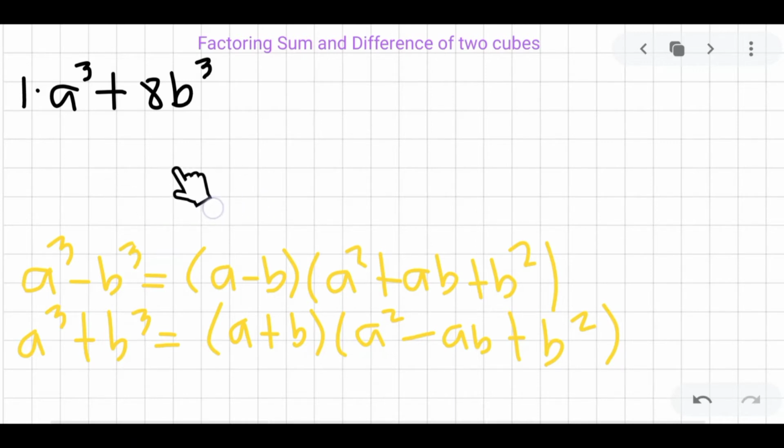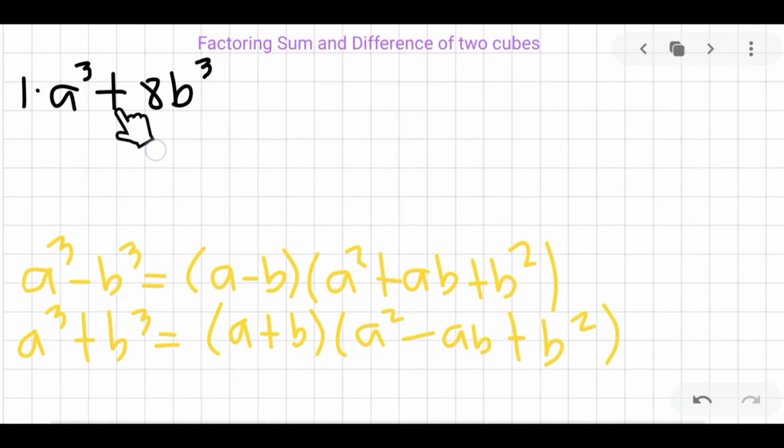First, all exponents of the variables must be divisible by 3. Yes, check. Contains two terms. Yes, check. Next is all terms must be perfect cubes, and 8 is a perfect cube. So therefore, we can use this factoring form for sum and difference of two cubes.